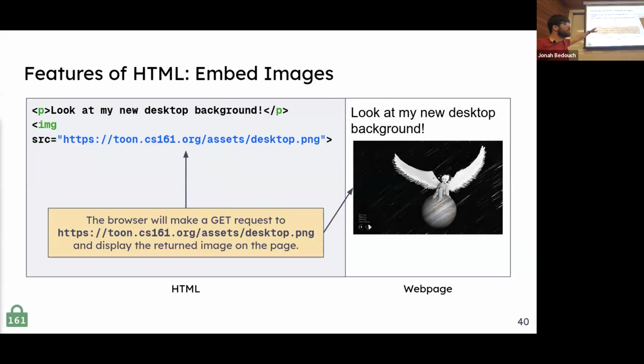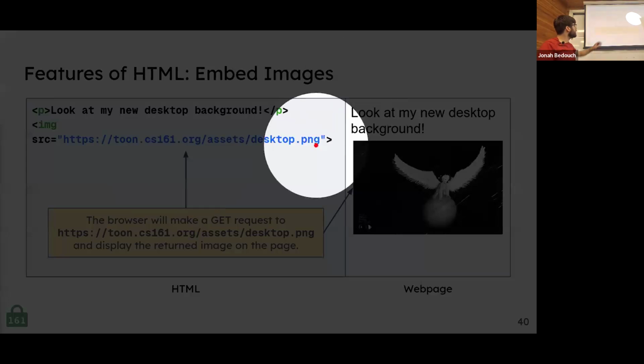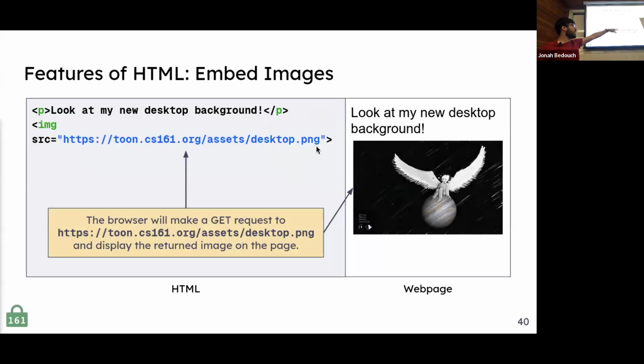It sees that there's an image in here, and then it's going to make another HTTP GET request. And it's going to say, give me the image that lives at this URL. And then when it gets that image back, it'll plop it into the layout right there. And we'll get a website that looks like the content on the right there. So your browser, to load one page, can actually make many different HTTP requests, not just one.